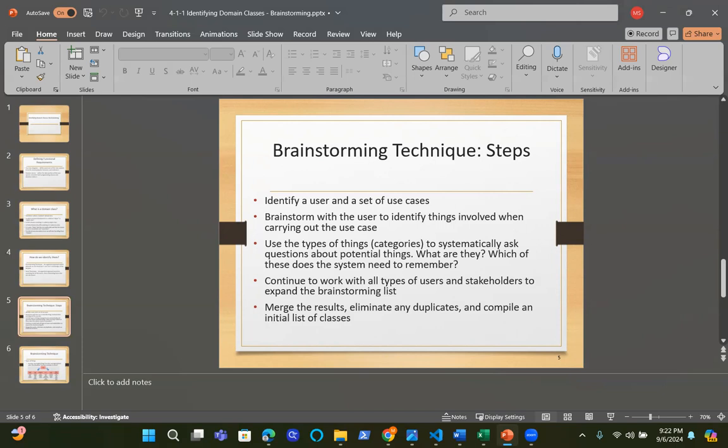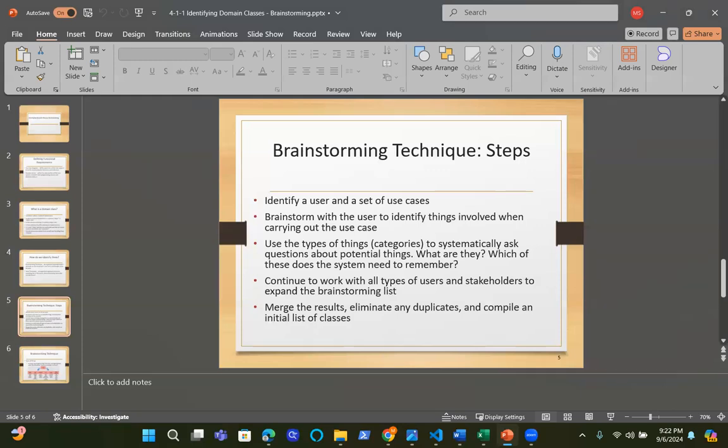So even though we teach use case definitions and domain class definitions as two separate activities, in most cases, they are done together.